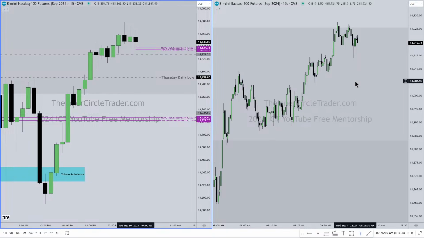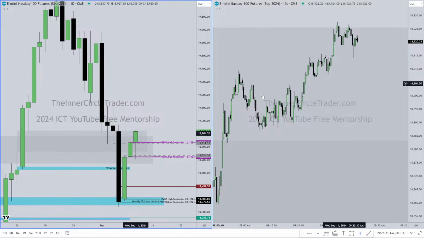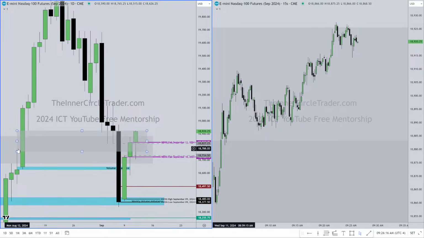Now let me go back to a daily chart. This inefficiency here, that's what I'm annotating there, and that weekly inefficiency, that larger one. And then there's one right in here. See that? It's got these dashed lines on it.